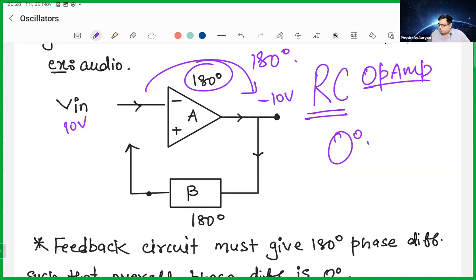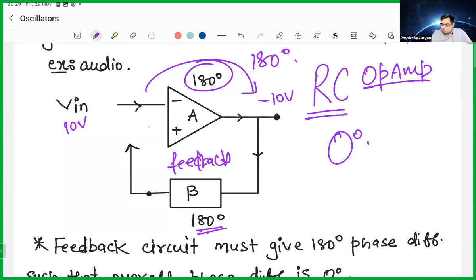It means that your feedback should also give 180 degree phase shift, so that 180 and 180 cancel each other out, right? So that is why your feedback circuit should also give 180 degree phase shift. So 180 degree phase is given by the op-amp, 180 is given by feedback, so both cancel out.